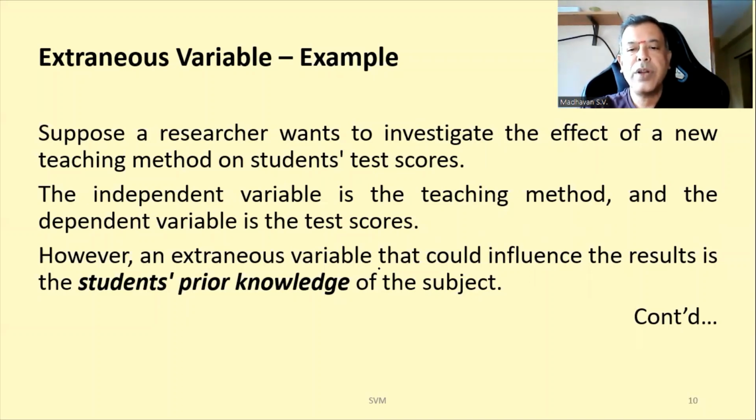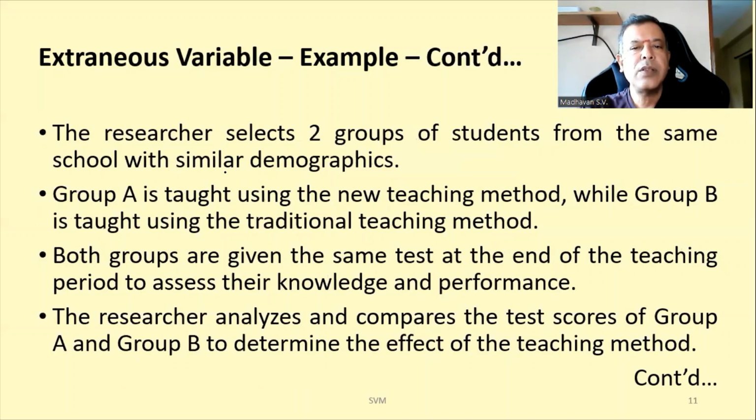However, an extraneous variable that could influence the result is the students' prior knowledge of the subject. Some of the students might have already studied that particular subject. That also can have an impact on the test scores. So in order to do something about it, what do we need to do? The researcher selects two groups of students from the same school with similar demographics.